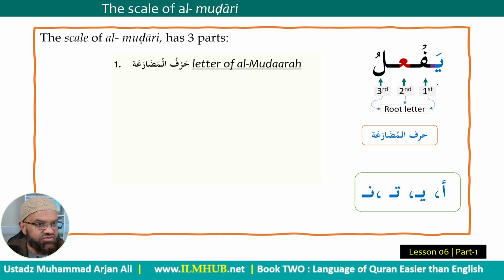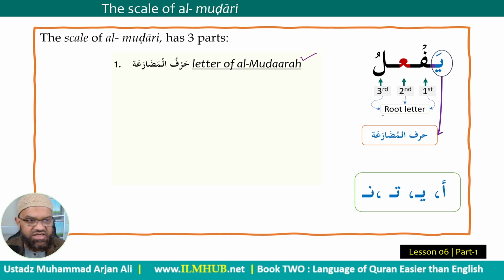So the first thing that you will see on the scale, and it is an obligatory thing that is always there, is the letter of mudara'a, called harf al-mudara'a. You'll see some books mention the sign of mudara'a, but these are just technical terms. I prefer the term harf, because it is a letter. So the first thing you'll notice is the harf al-mudara'a, which you can see here.